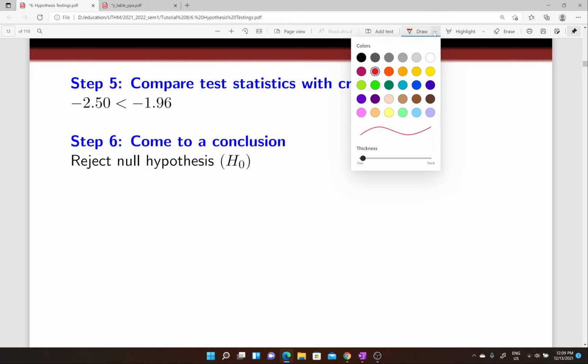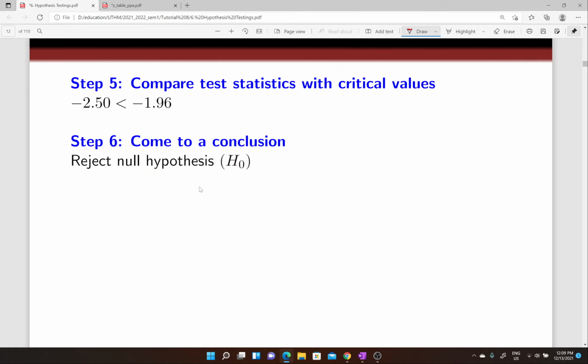We write like this, we reject the null hypothesis.